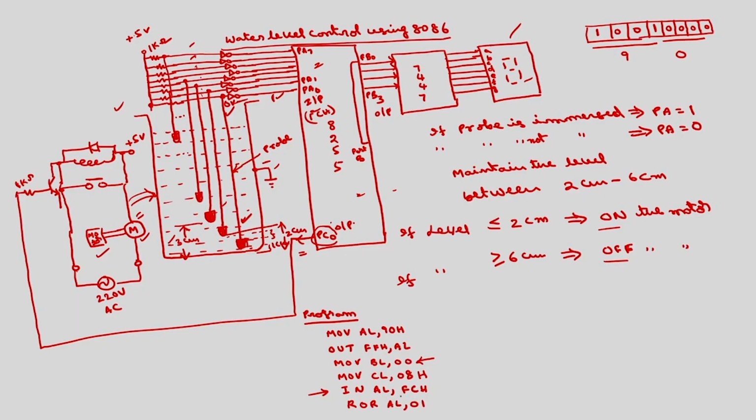You can take RRC, because I want the carry contents also. So this PA naught contents will go to the carry flag as well as PA7.